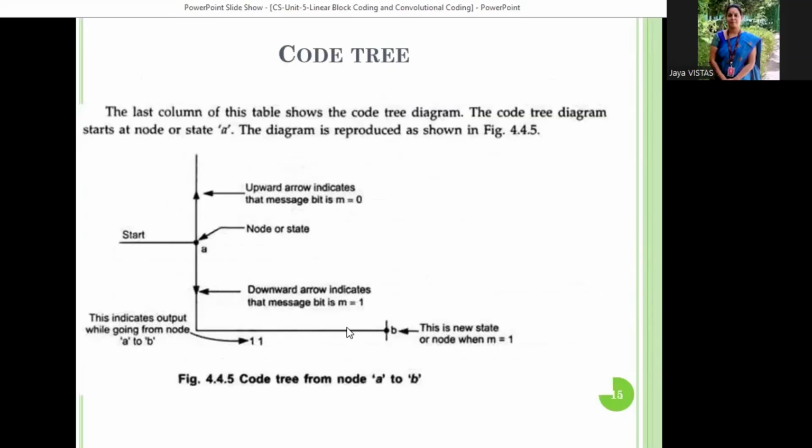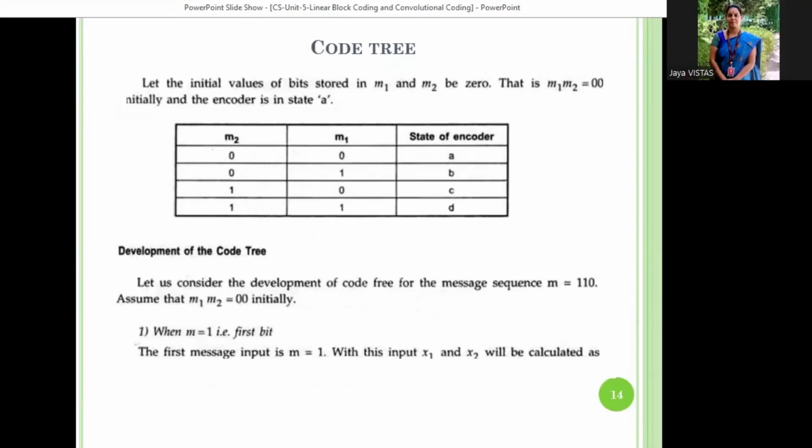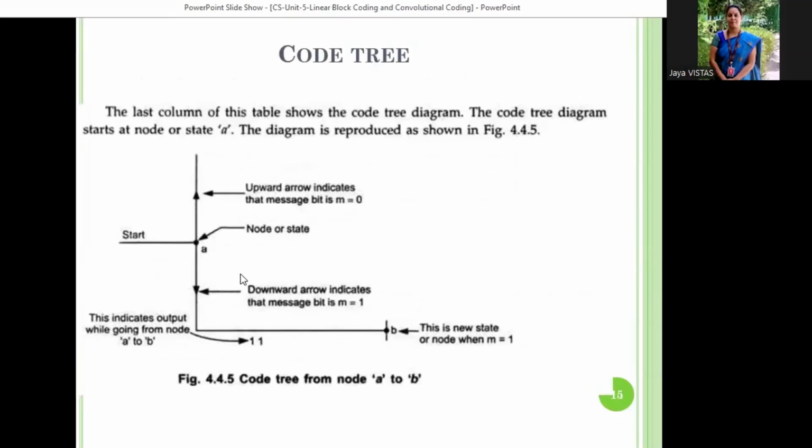How to draw the code tree? See this diagram, the code tree diagram of the convolutional encoder. The initial state is 0, 0, because initially M1, M2 were 0, 0 and M is equal to 1. So 0, 0 is state A, and initially it starts with A.